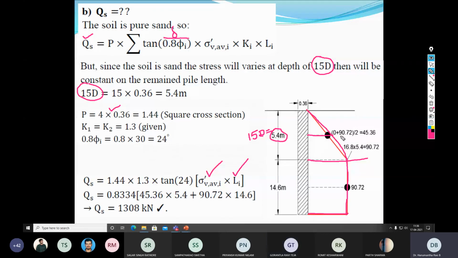So here it is 0 and here it is 90.72. Average is 0 plus 90.72 by 2, 45.36. So 45.36 for a depth of 0.54 meter and constant 90.72 for the remaining 14.6 meter. This is how you need to calculate the QS.